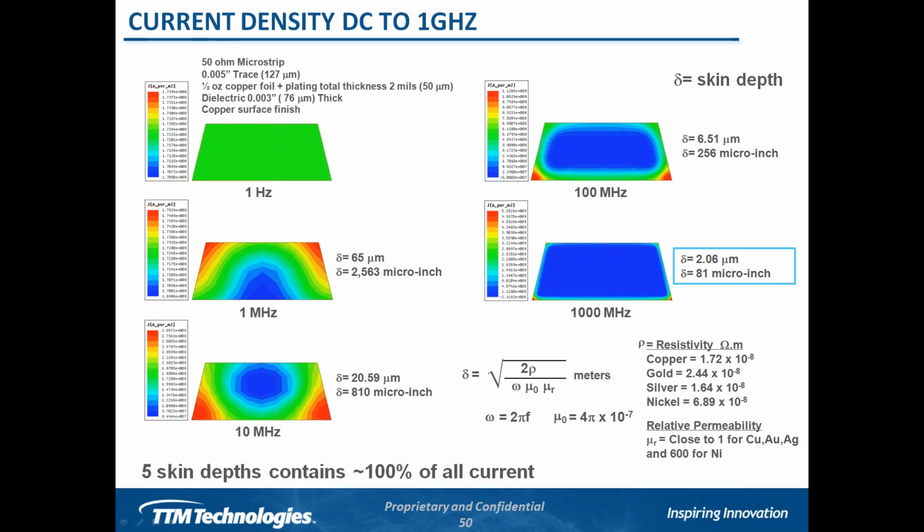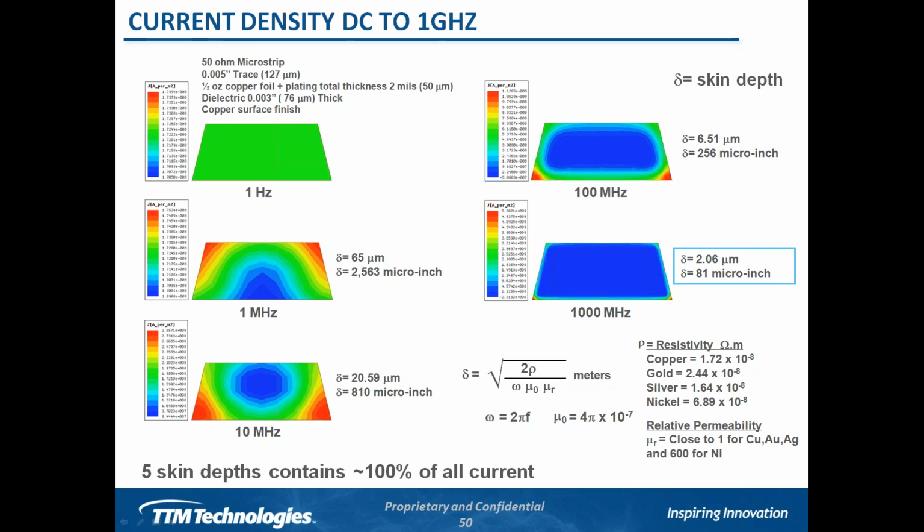But what we see as we go to higher and higher speeds, and again, this is only to 1 gigahertz, is we now start to see this current density tend more towards the outside of that trace. And in the case of the 1 gigahertz example we show, most of the current density now ends up being in the outer layer of that copper, or the skin. The general formula tells us that 5 skin depths control about 100% of all that current.